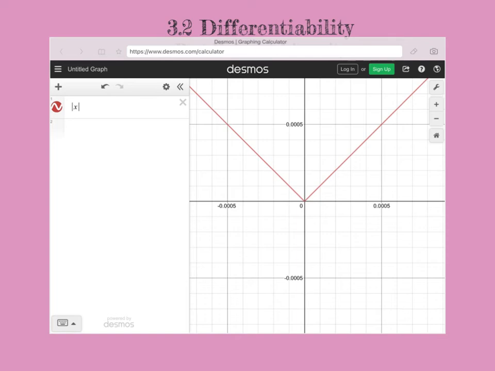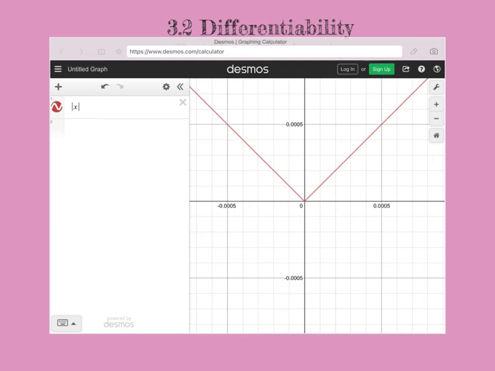So because we're not locally linear, our derivative is never the same all the way through. It never forms a line. Therefore, we're not differentiable at a corner. And that's kind of cool. We are differentiable at every other point because this literally is a line anywhere else and it would be its own tangent line. So this function here is only not differentiable at its corner, which is x equals 0.